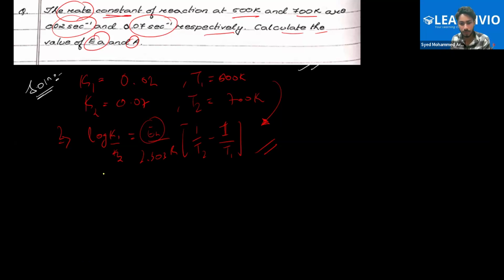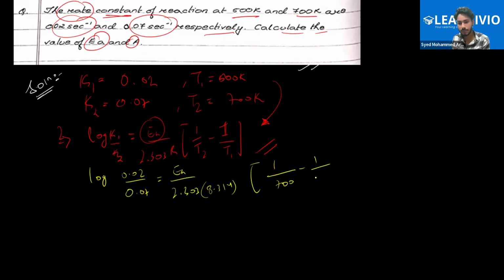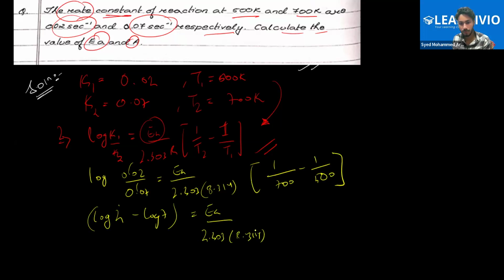Okay, see. Put the values: k, 0.02 divided by 0.07, and Ea that you have to find, 2.303, and the value of R would be 8.314, and T2 minus T1 would be 700 minus 500. So the two zeros are cancelled out, and log 2 minus log 7 equals Ea upon 2.303 times 8.314.